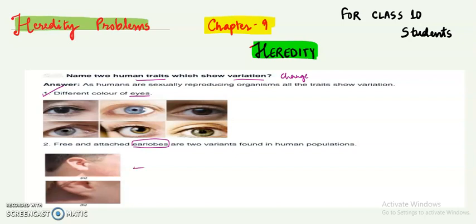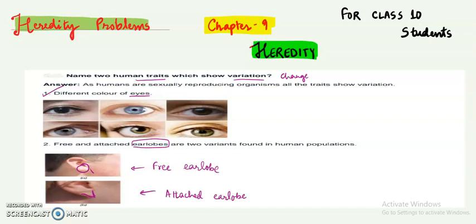The one at the top is the free earlobe, and the one shown below is an example of attached earlobe. Where this part of the ear is free, it is a free earlobe, but here you can see the part is attached to the skin. So this falls in the category of attached earlobe.